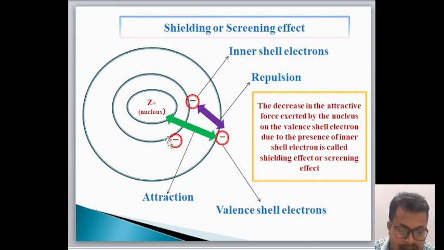So the actual nuclear charge that will be felt by this particular outermost shell electron from the nucleus after accounting for the shielding or screening effect is known as effective nuclear charge.